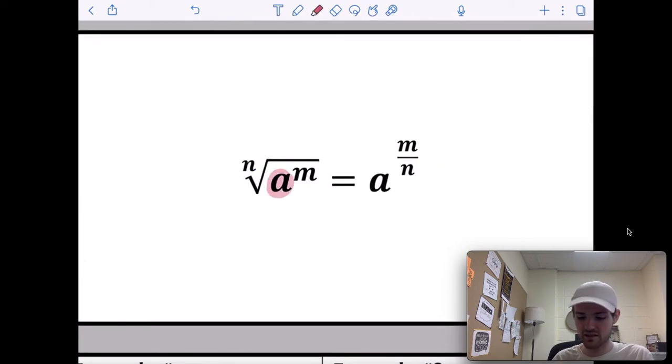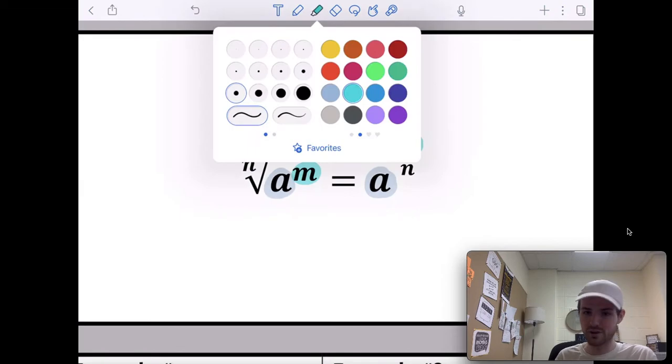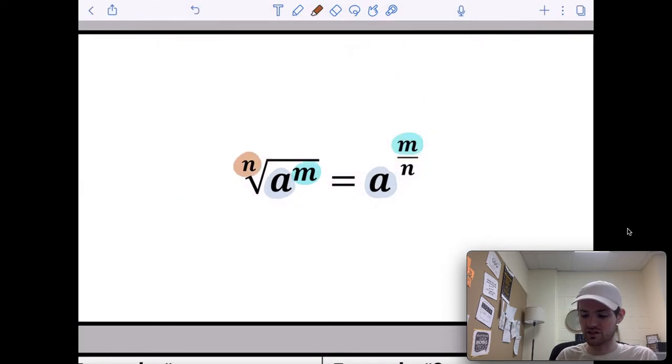A stays A. Whatever exponent we have here, m, will end up going in the top of our fraction, or our rational exponent. And then the root number n just goes into the denominator.